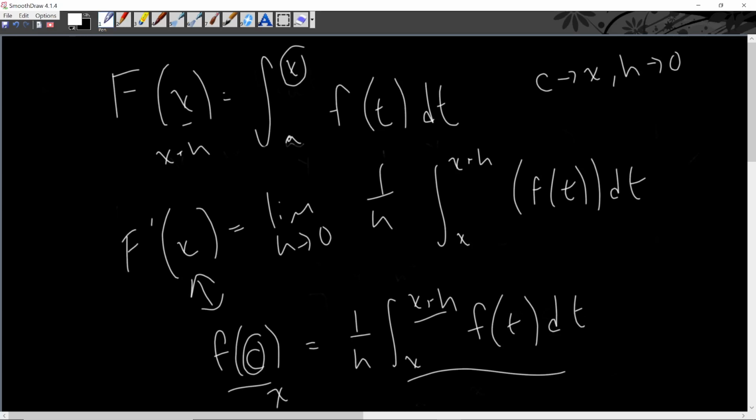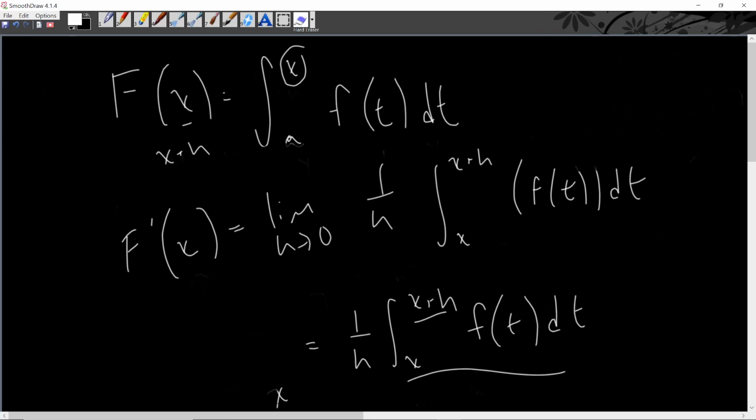So from here, we say that f of c approaches f of x. Again, we're just going to plug in x for c, and then this will also be as h approaches 0. Again, we're just plugging these ideas back in. So now, let's write out what we have talked about.